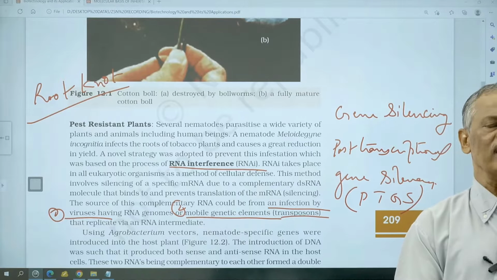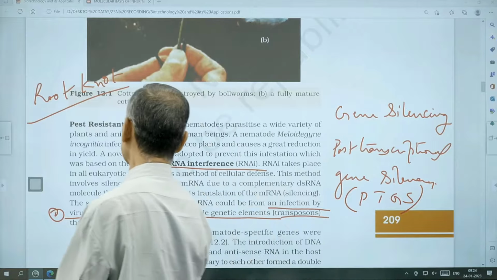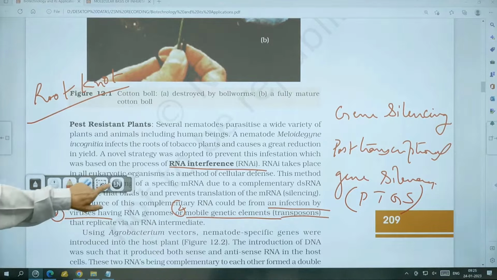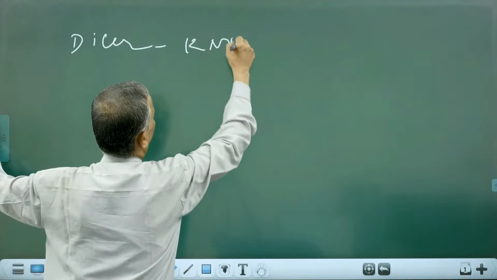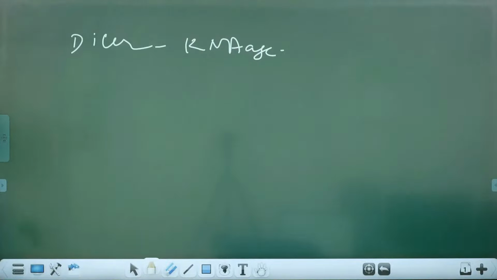Whenever you are having a double-stranded RNA produced, immediately this double-stranded RNA is attacked by a special type of RNase by name dicer. It will come and cut that double-stranded RNA.